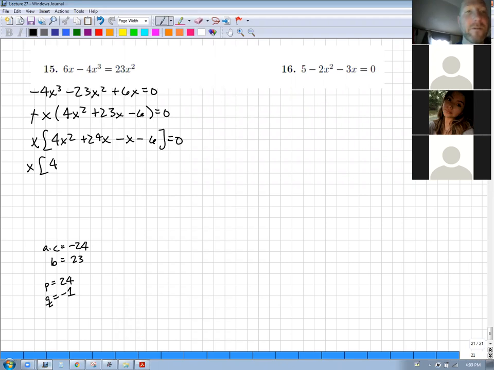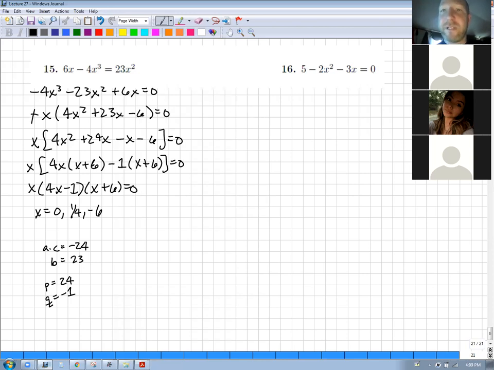So if we factor out a 4x, we get an x plus 6. We pull out a minus 1, we get an x plus 6. So we have x, we have a 4x minus 1 times an x plus 6. So x is either 0, 1/4, or minus 6.